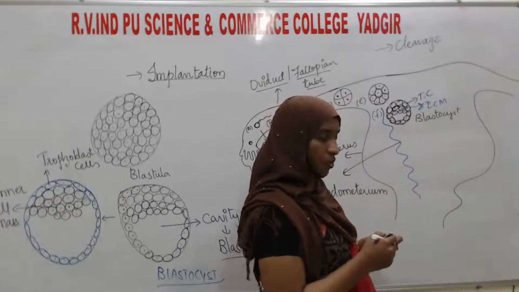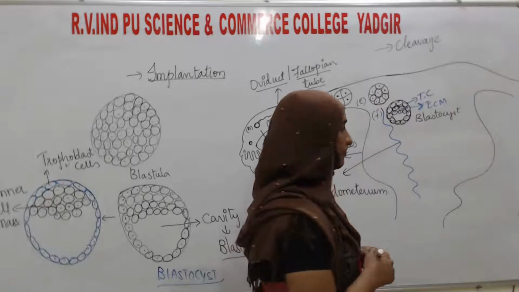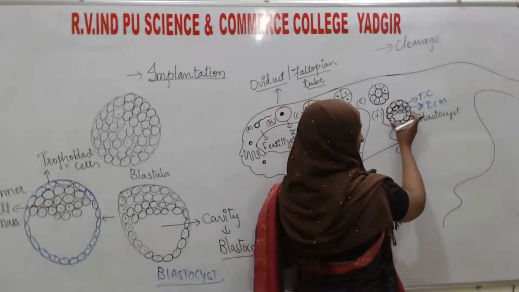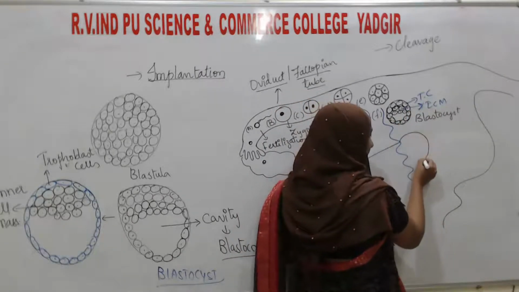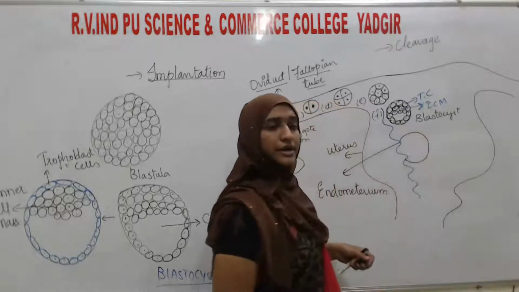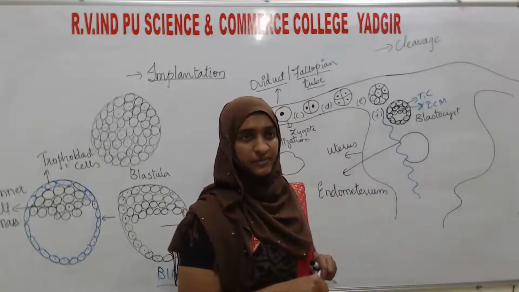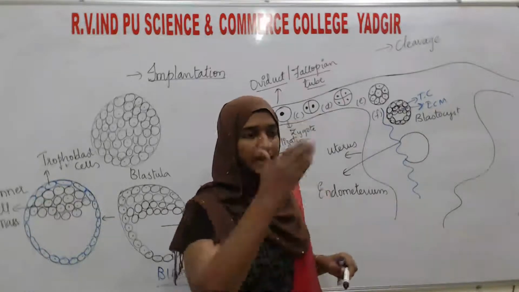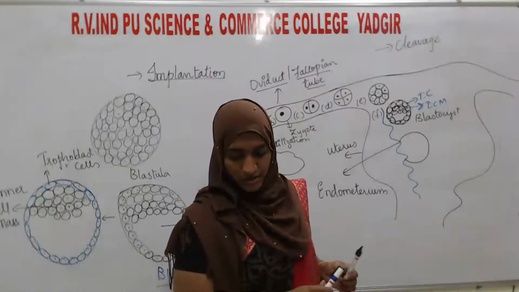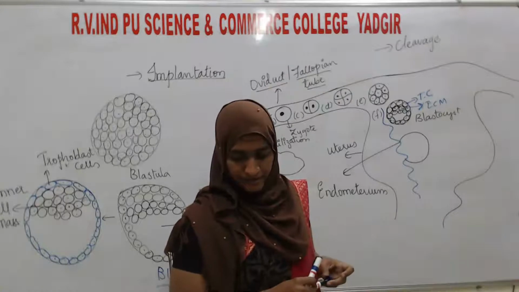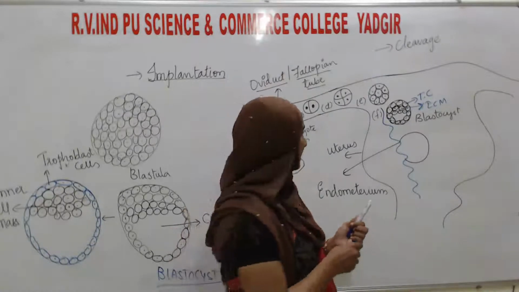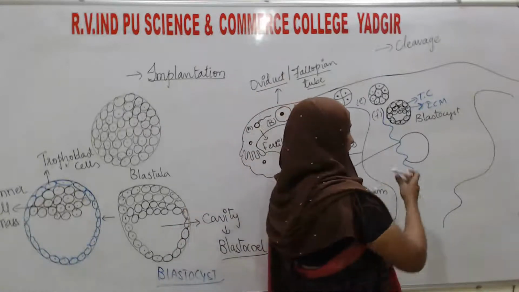Inside this, what happens next is this structure of blastocyst gets embedded into the endometrium lining of the uterus. Okay, it will get attached. How? Here, the trophoblast layer gets attached to the endometrium lining.